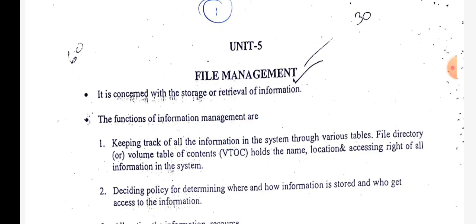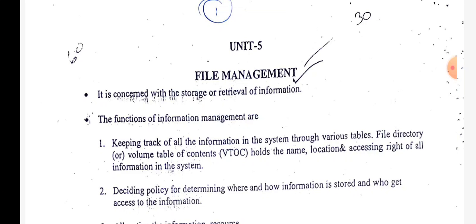In storage devices, the data as well as information are available in file format. So in the fifth unit we are going to discuss information management, more on file management. Information management and file management are both the same.